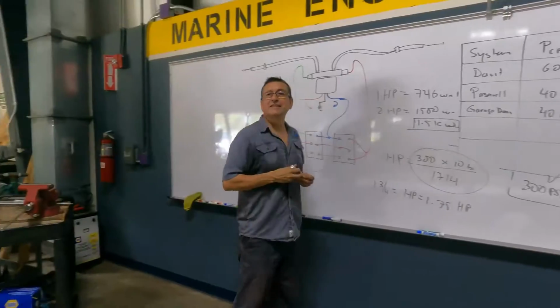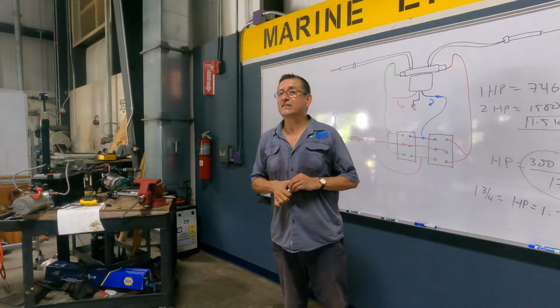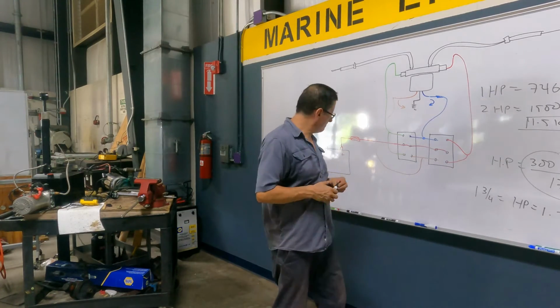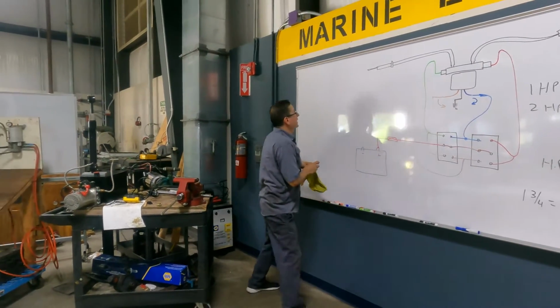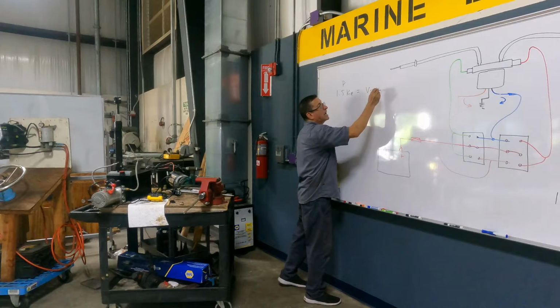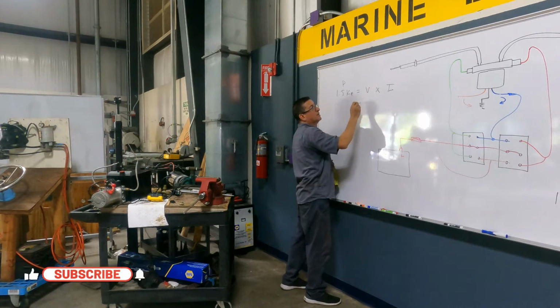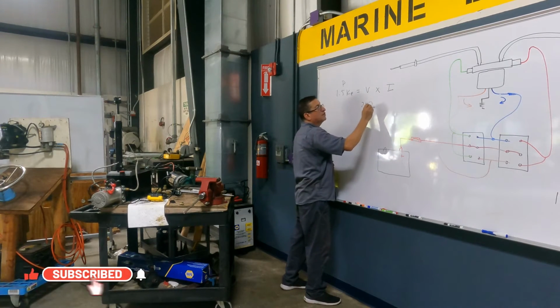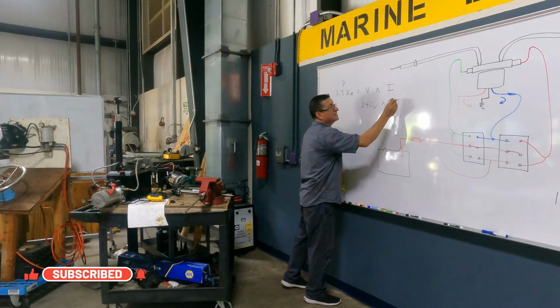This is the power of the electric motor that I need. Let me check. The power is equal to the voltage times the intensity. The voltage, because my boat is double phase, is 240 times the intensity.